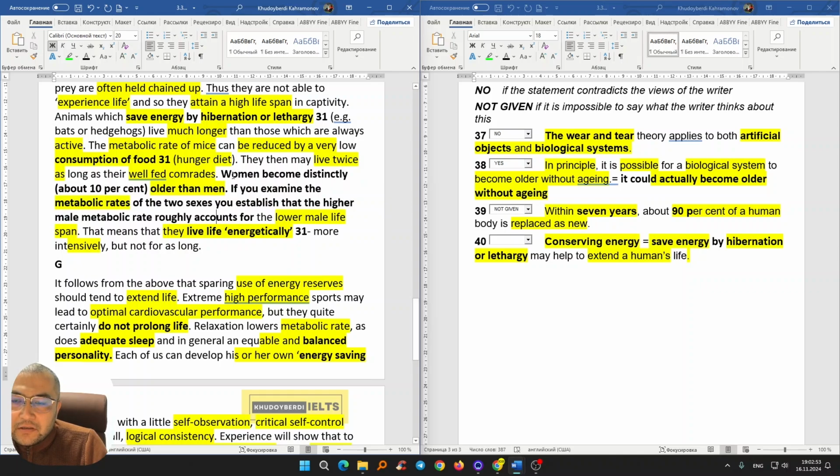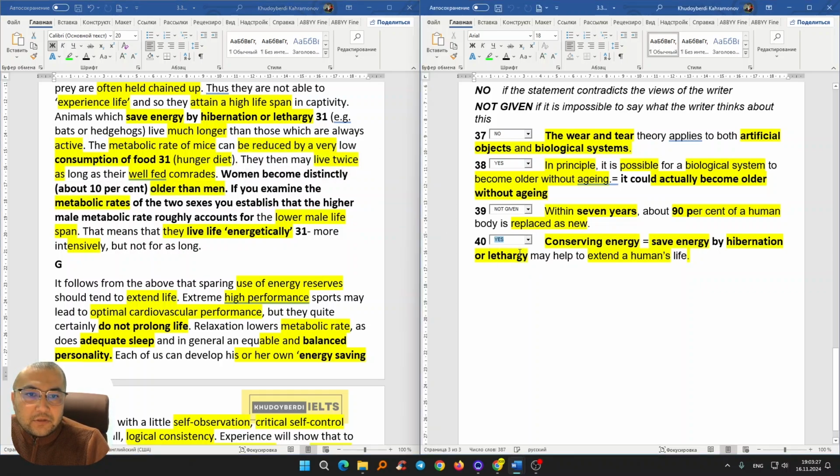If you examine the metabolic rates of the two sexes, you establish that the higher male metabolic rate roughly accounts for the lower male lifespan, which means it can extend humans' life, right? This means that they live life more energetically and intensively, but not for long. And that's why it's going to be yes.